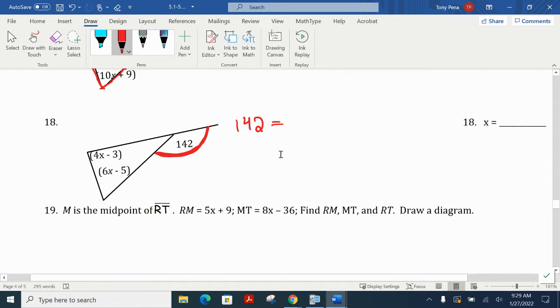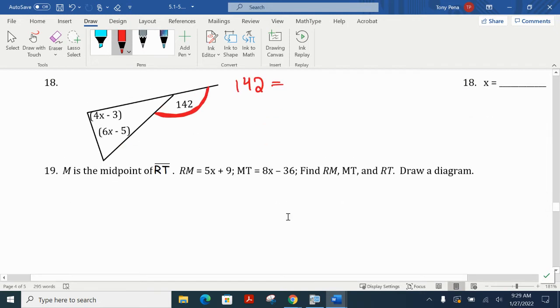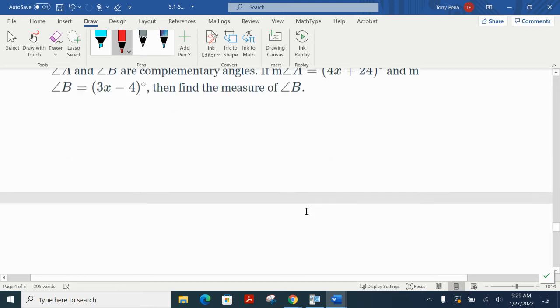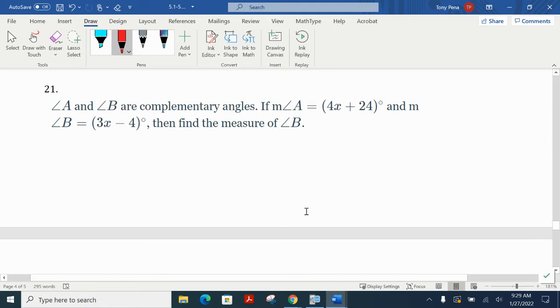Now my, there we go. Light bulb might have burned out. It's not coming. Oh, there it comes.